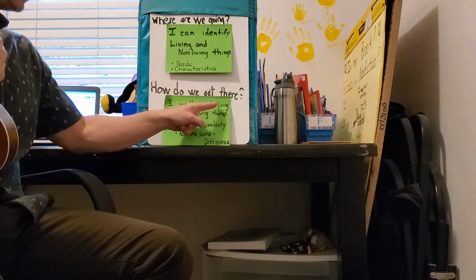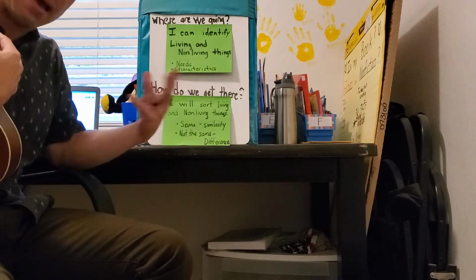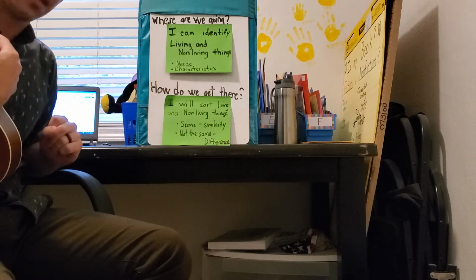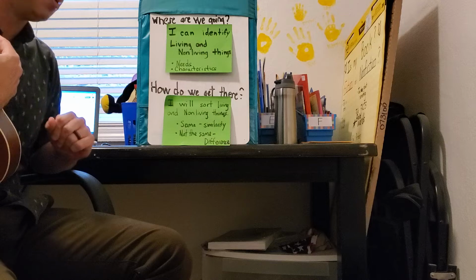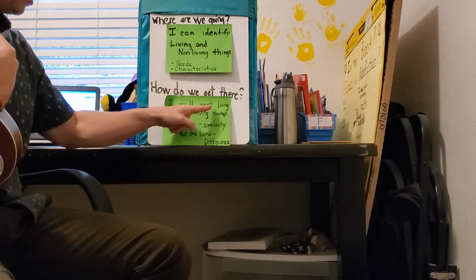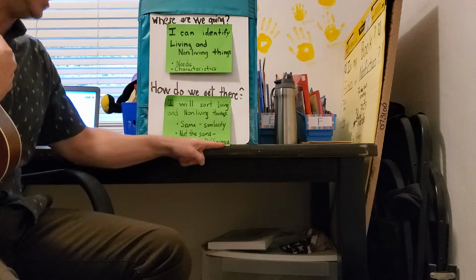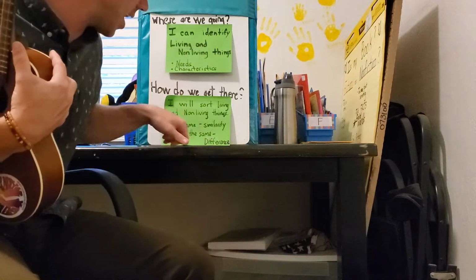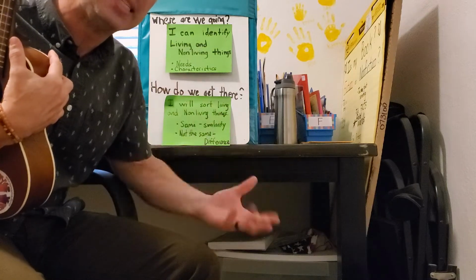Things that they have the same, like living things, are all going to have some things that are the same, and that's a similarity. Things that are not the same between living things and non-living things, that's what we call a difference. Kind of sounds like the word different, doesn't it? So things that are not the same makes it different.